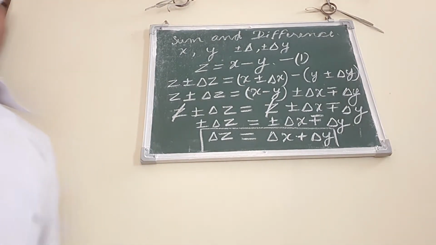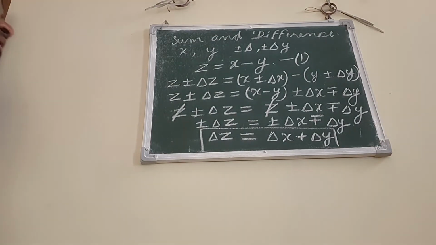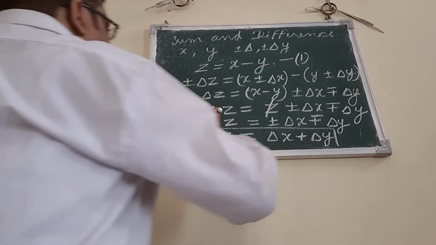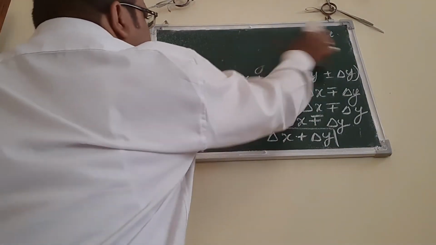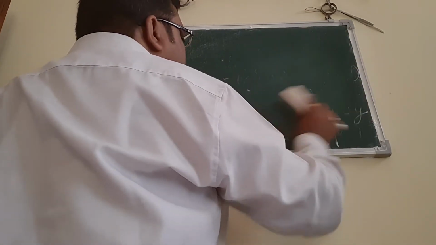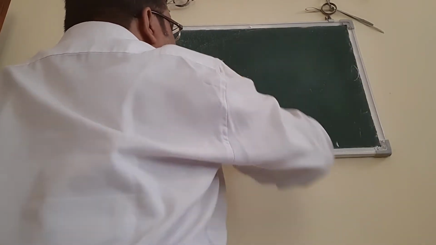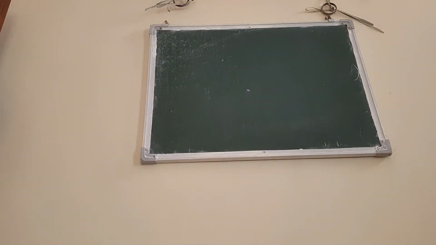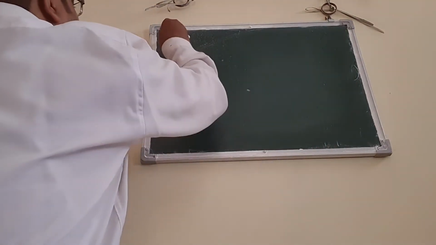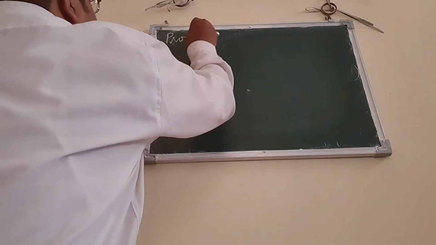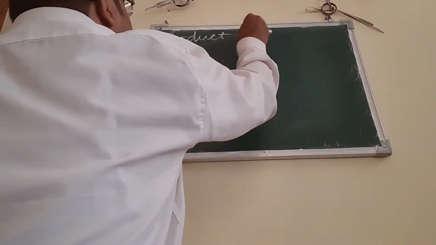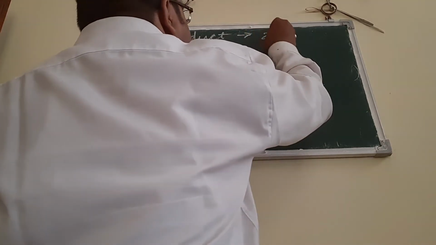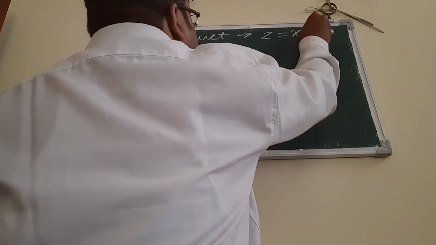Now we have to find the formula for product and quotient. So I am rubbing the board. First we will find it for the product, if the two quantities are multiplied. In the product, suppose z is a quantity which is the multiplication of x and y.